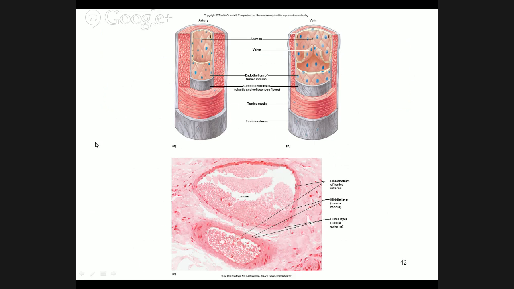And here's a slide that shows the difference between arteries and veins. As you can see, the lumen in a vein, or the interior volume, is much bigger than an artery. Arteries are under higher pressure. Veins also, some of them have valves.